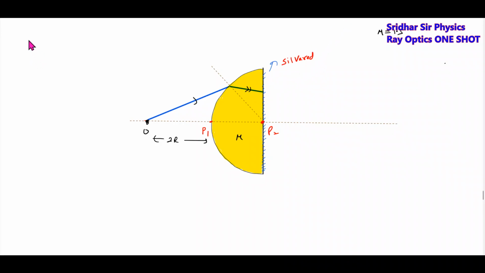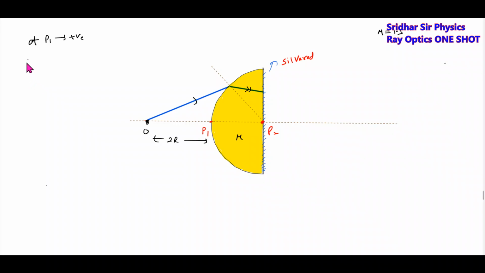So we'll apply the formula now at P1. At P1 it will be towards left. Then the refracted ray is present in the denser medium.